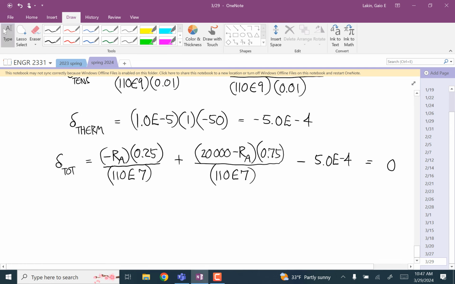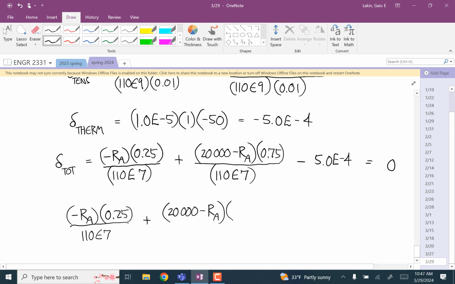Okay? And so now we have negative RA times 0.25 over 110 times 10 to the 7 plus 20,000 minus RA times 0.75 divided by 110 times 10 to the 7 is equal to 5 times 10 to the minus 4.